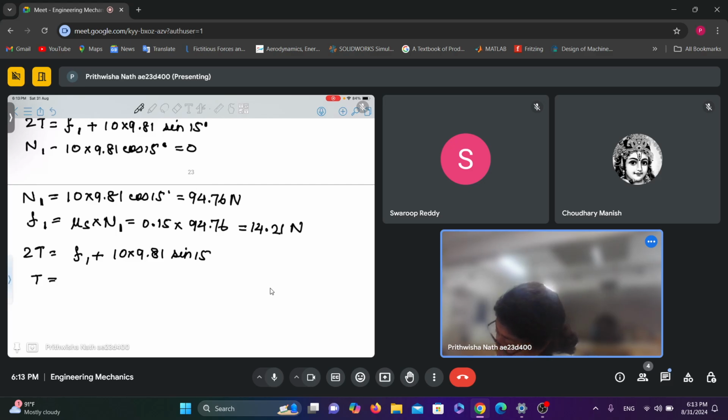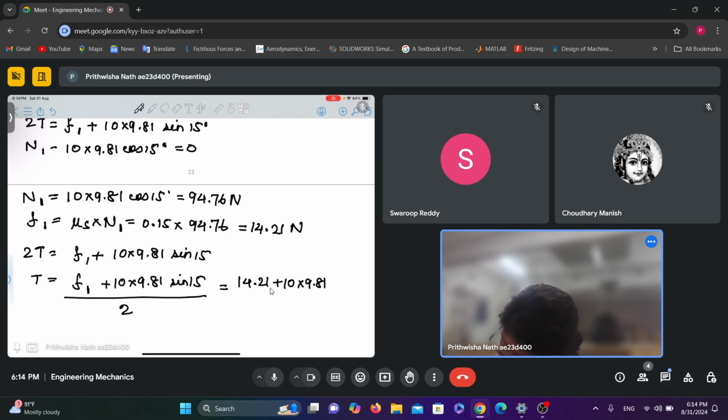Therefore, T should be F1 plus that term divided by 2, which is equal to 19.8.